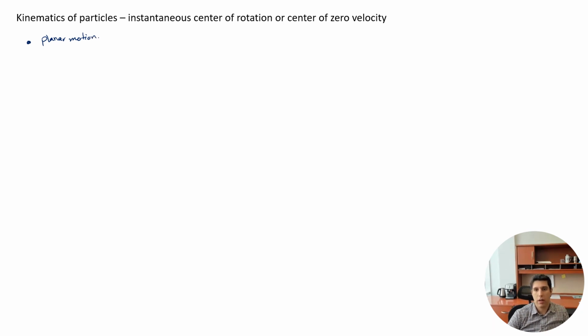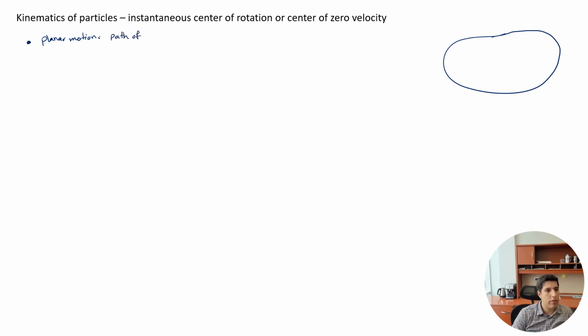If I have a rigid body, something like this, planar motion means the path of all points in the body are always parallel to a fixed plane.